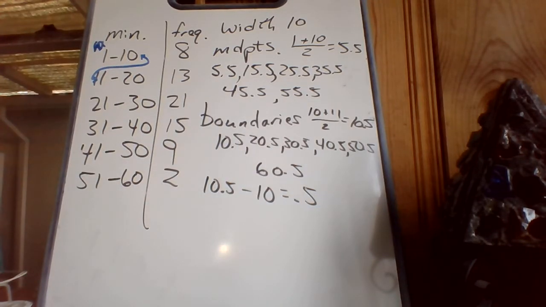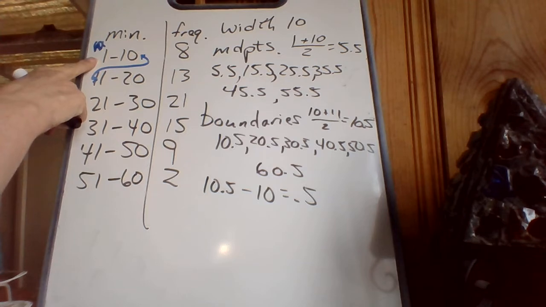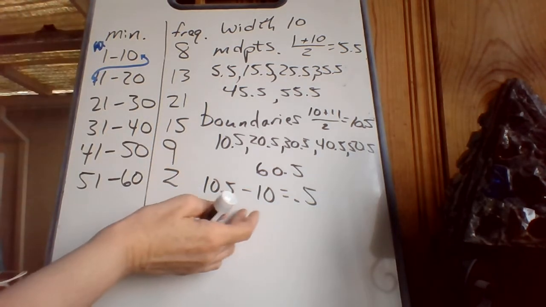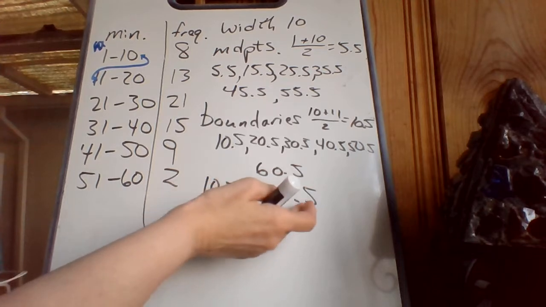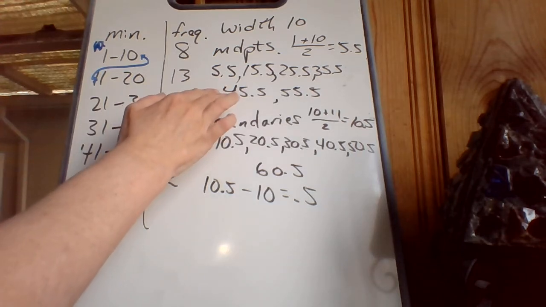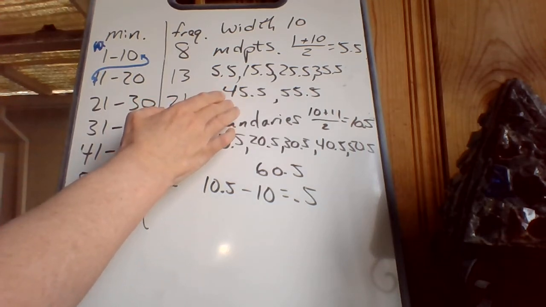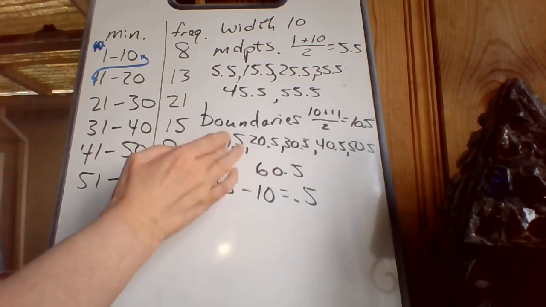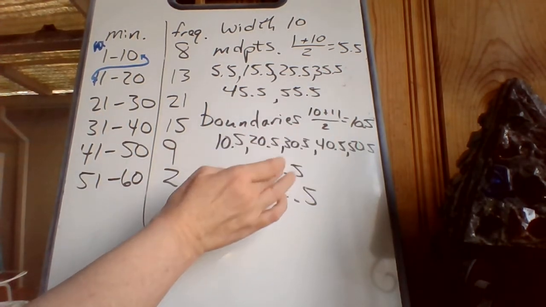This one didn't because most of the time my charts start with 0. This chart started with 1, so it didn't have a negative. But that's where you get those from. If I ended up with 6 midpoints, 1, 2, 3, 4, 5, 6, then I have to end up with 7 boundaries, 1, 2, 3, 4, 5, 6, 7.